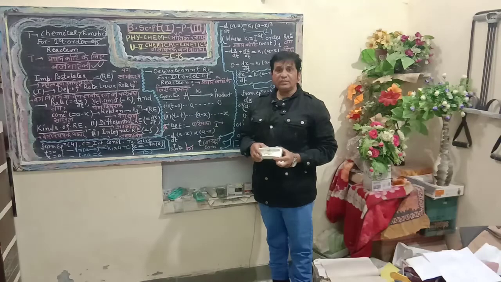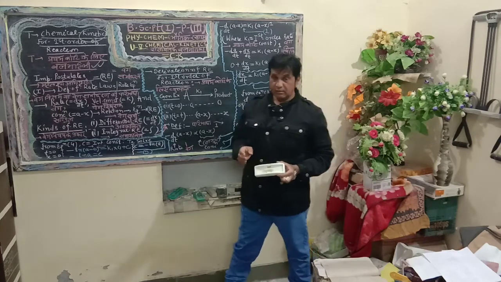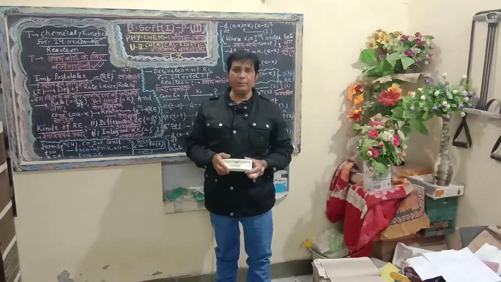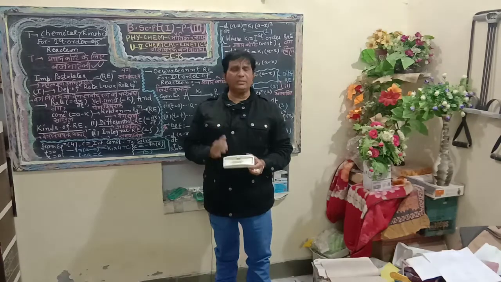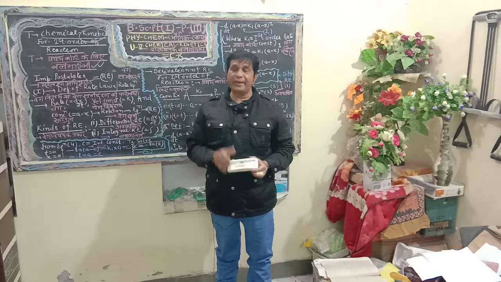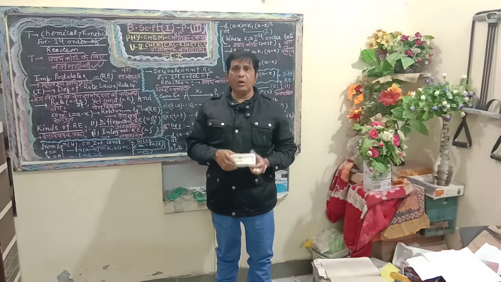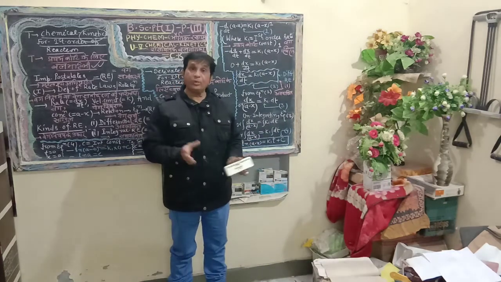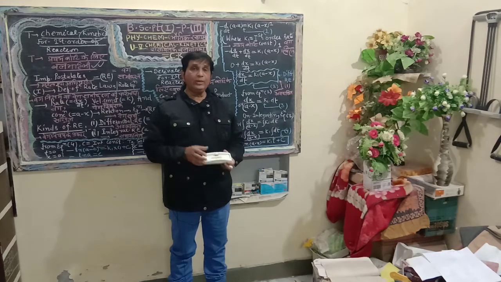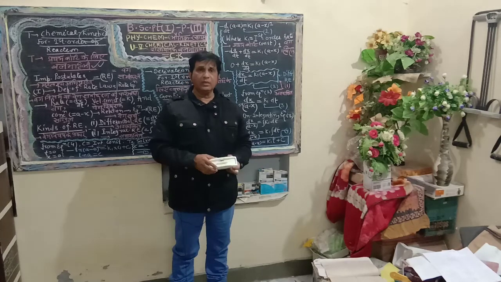Now let us define these one by one. Once again, I appeal to all the students of B.Sc Part 1: when a question is asked in any kind of examination, write down the kinetics of a first order, second order, third order or zero order reaction, then students have to complete their preparation on the basis of 6 points.